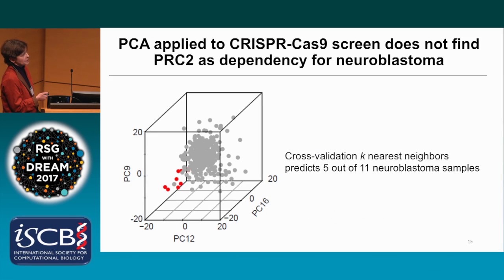In contrast, when we applied a linear decomposition approach, PCA, to the same data, we couldn't recapitulate the findings, and in fact, neuroblastoma could not be well separated from the others. And PRC2 was not among the principal components separating the cases from all the others.